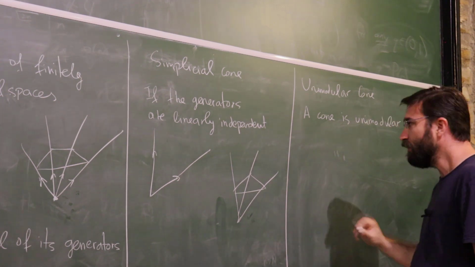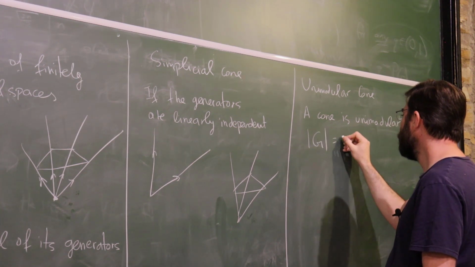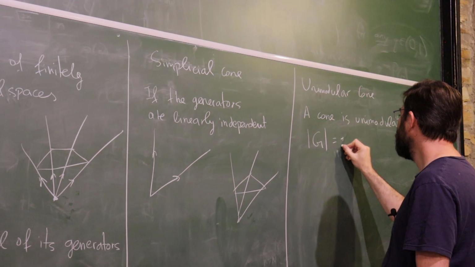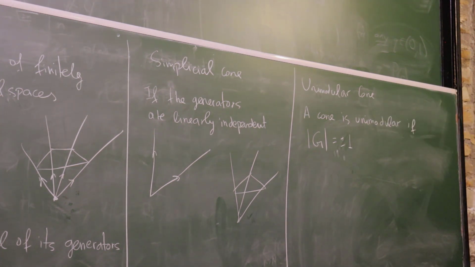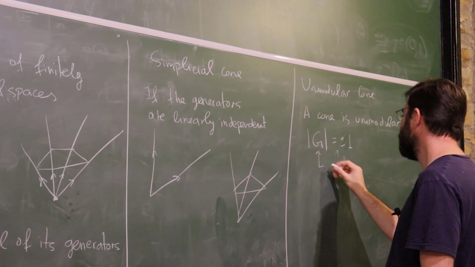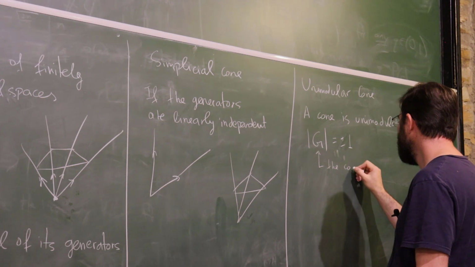A cone is unimodular if the determinant of its generator matrix is plus minus 1, where, let's put them as columns.